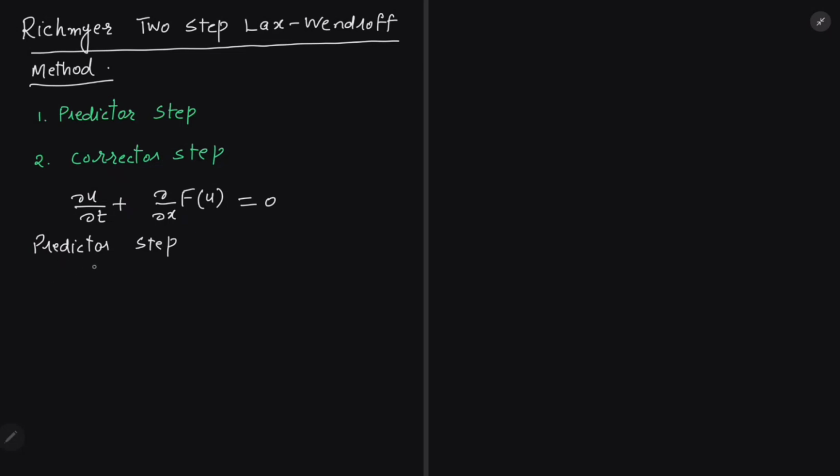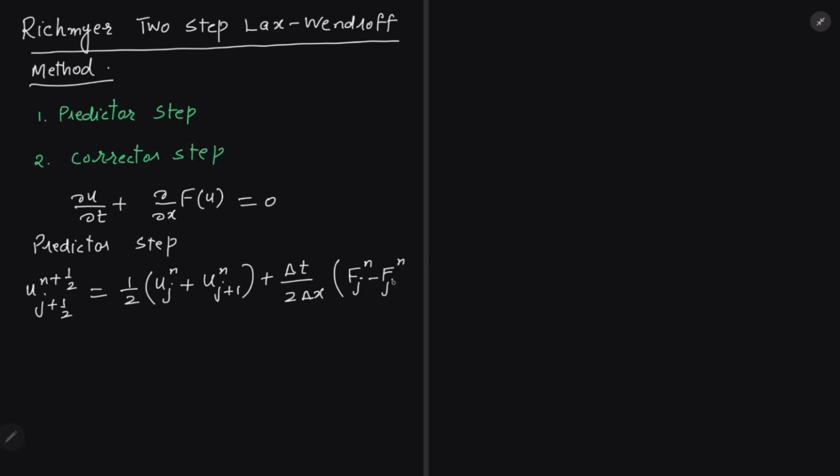u at n plus 1/2, j plus 1/2 is equal to 1 by 2 times u n j plus u n j plus 1, plus delta t by 2 delta x times f n j minus f n j plus 1.